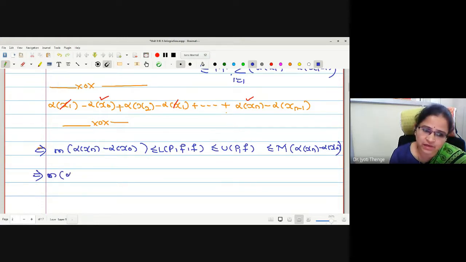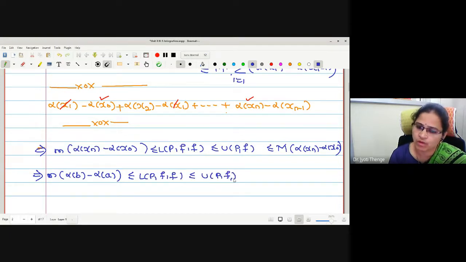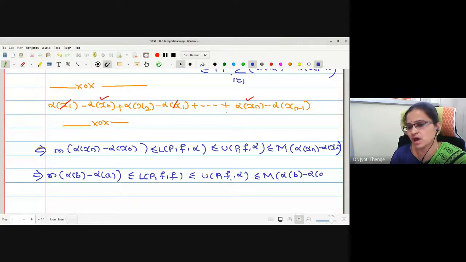Alpha xn is alpha b, no? So m times (alpha b minus alpha a) is less than or equal to the lower sum, which is less than or equal to the upper sum. Here I forgot alpha, and here also; let me take a correction. Which is less than or equal to M times (alpha b minus alpha a).